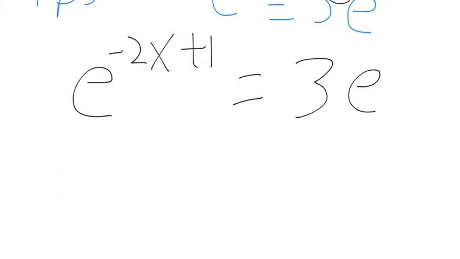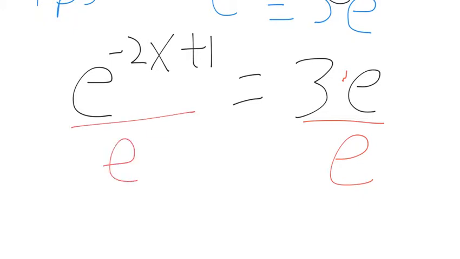Now it'll be a lot easier to use the natural log if we can get rid of the e on the right hand side. Since we're multiplying, let's divide by e on both sides. Those cancel out, so on the right hand side you're just left with 3. On the left-hand side, keep in mind that e on the bottom is understood to have an exponent of 1 because there's no exponent given.